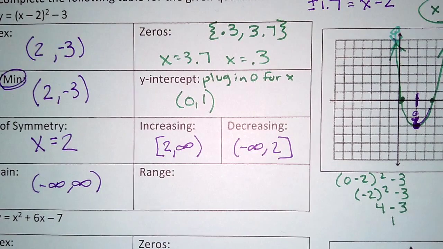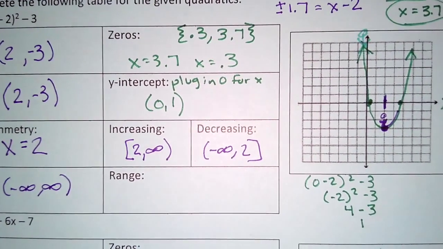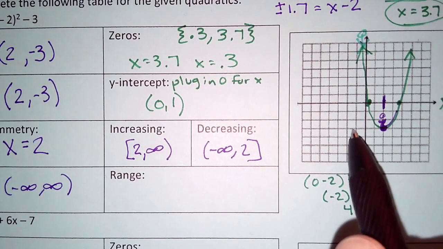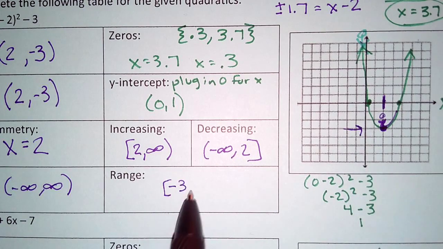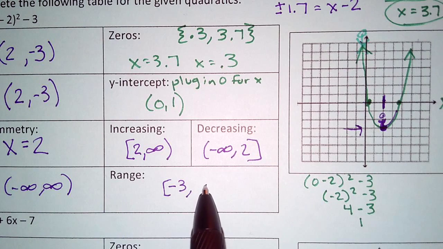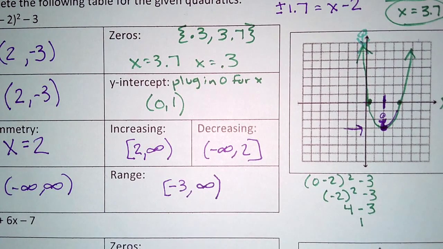Okay, range, y values. What's the lowest point? Right here, negative 3. What's the highest point? Infinity. Questions on the second one? We got one more like that.